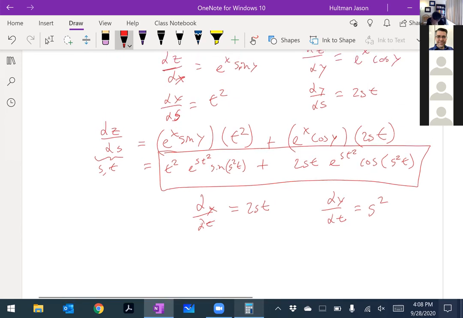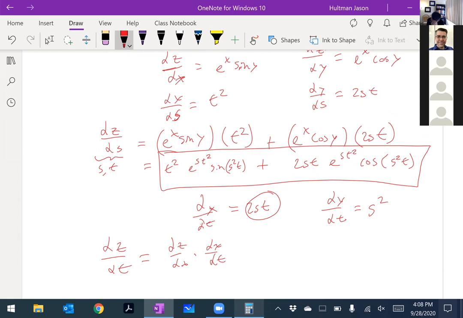So what's dz dt? Well, dz dt is going to be dz dx, which is the same thing that we had here, times dx dt, which is this thing here.